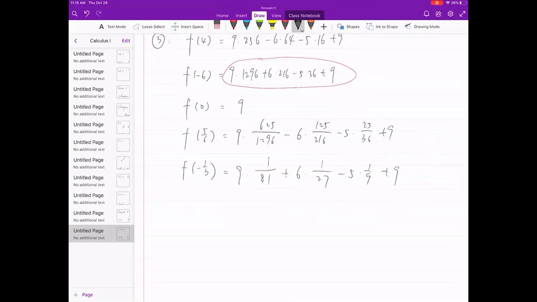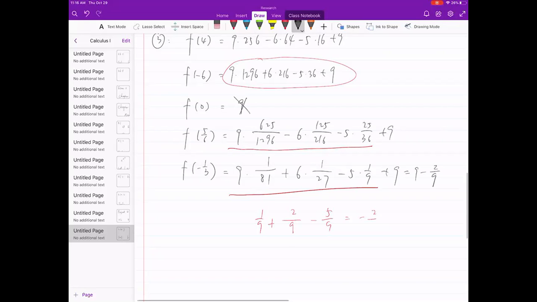Everybody has a +9, so it really narrowed down to which one is positive, which one is negative for the crap in the front. This is roughly 1/9 plus oh, this is nice. So this one is crossed out. This one is definitely smaller.